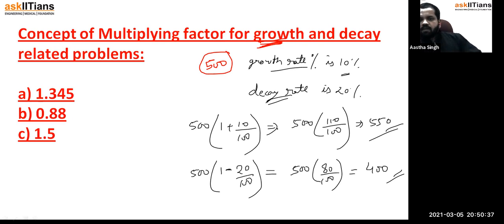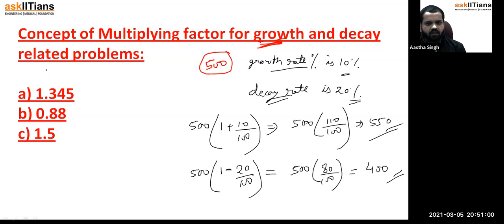This is what growth rate and decay rate mean. I think you got the point. In case of decay, minus will be there. In case of growth rate, addition will be there. If you are given that 1.345 is your growth factor, why am I saying that it is a growth factor?